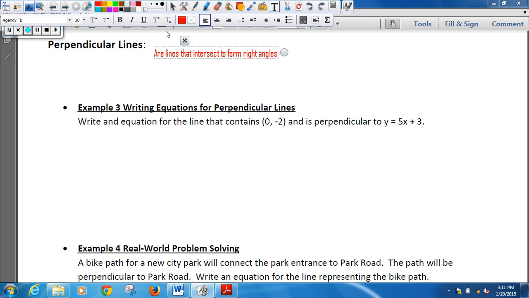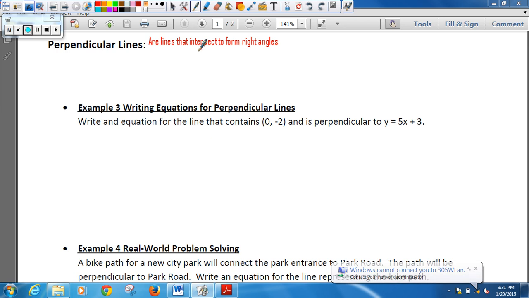So this time, when we said that parallel lines have the same slope, perpendicular lines, their slopes are opposite reciprocals.